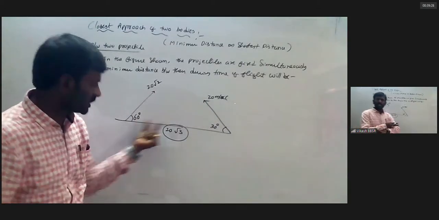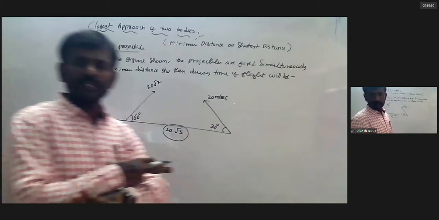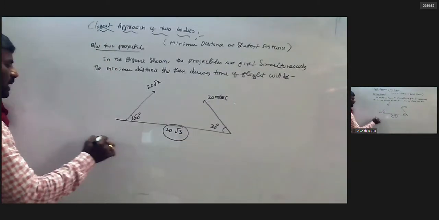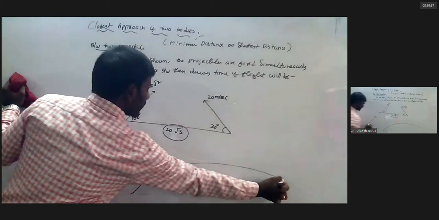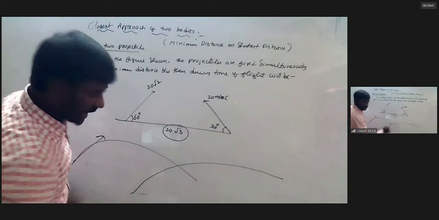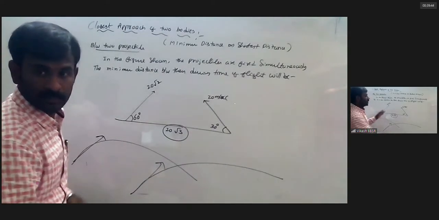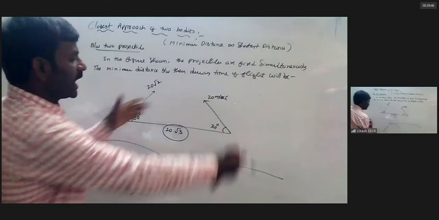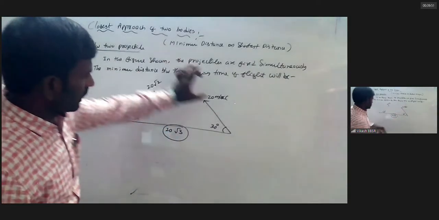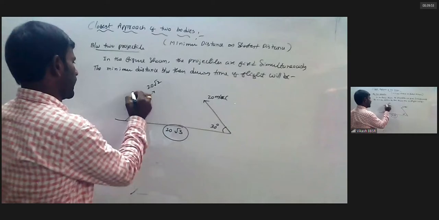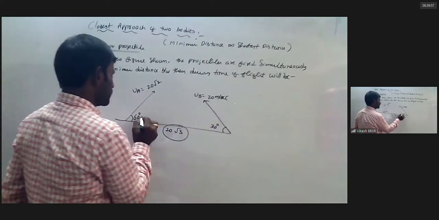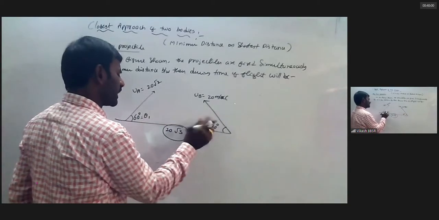The procedure will be the same. This one is moving like this, and that one is moving like this. Any shortest distance? No, only here the shortest distance is possible. Only the numbers will change. You can take this as UA, this as UB, and the angle as theta 1.